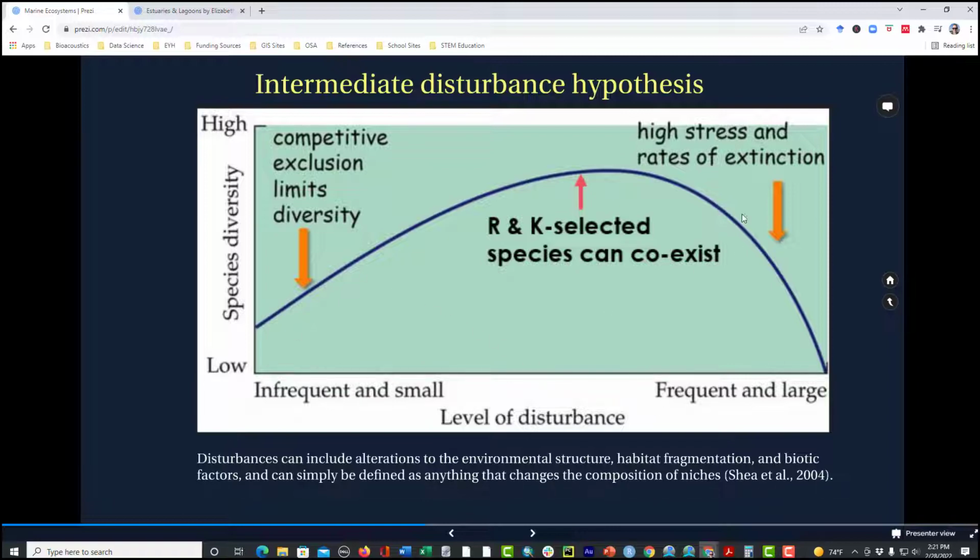When there is a moderate level of disturbance, the species diversity, which goes from low to high on our y-axis here, is going to be quite high at that moderate level. Disturbances can include any kind of alterations to the environmental structure, biotic factors, things along those lines. So it's really changing the composition of a niche. And when there's too much of that disturbance, the niche becomes untenable and something that organisms can't really find a way to occupy.